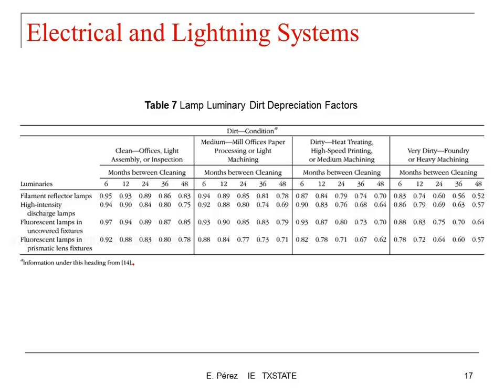So let's say you're looking at a type of facility like mill offices, paper processing, or bag machining. So now you have the estimate in terms of the number of months that the lamp stays between cleanings. So if it is every year, then you can get an estimate for the type of lamp. So that will be the output based on the depreciation.